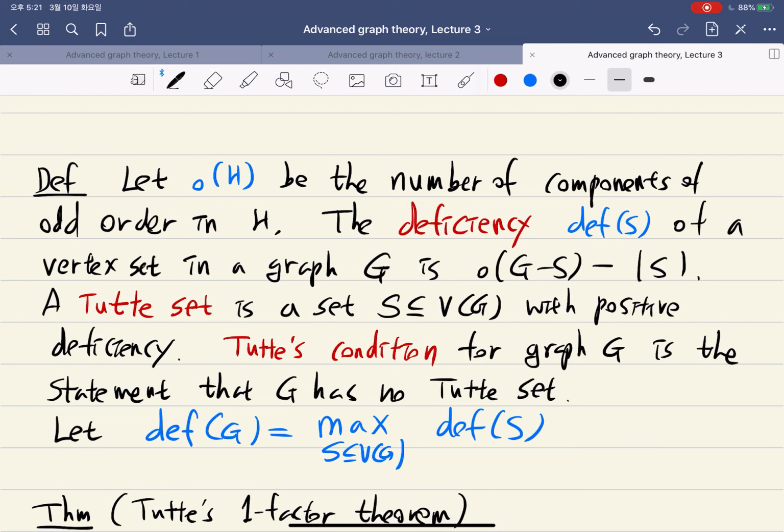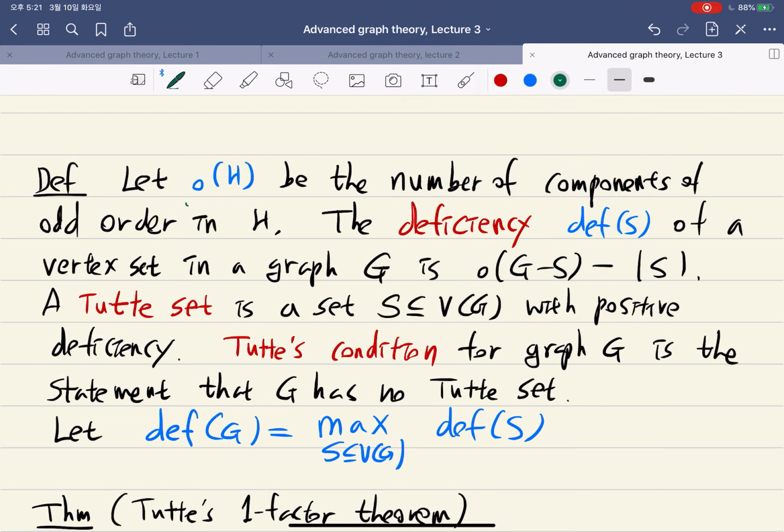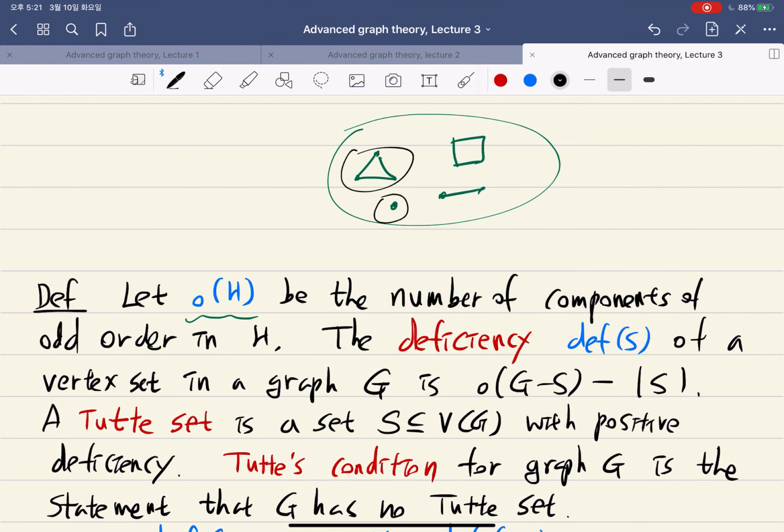For that, we consider this concept of odd component. If you have a disconnected graph, then some of the components have order 3, order 1, order 4, order 2. Then these two are the odd components. So this is H, then o(H) is 2 because it has two components with odd order.